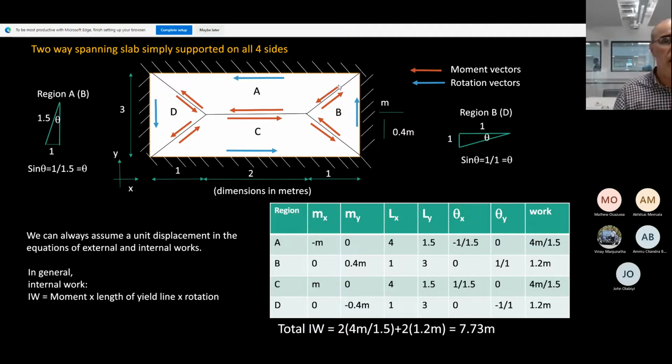So this one, when you project on the y-axis, you get 0.4m down. And this vector here, when you project it on the y-axis, is up 0.4m. So you have 0.4m down and 0.4m up, which gives you 0. Is that clear?